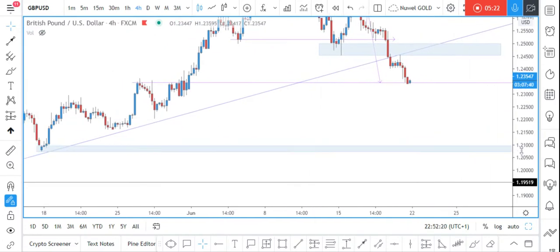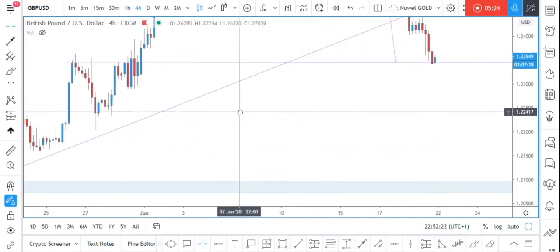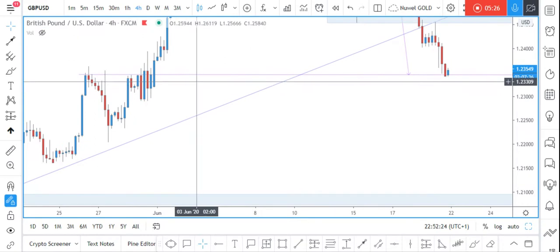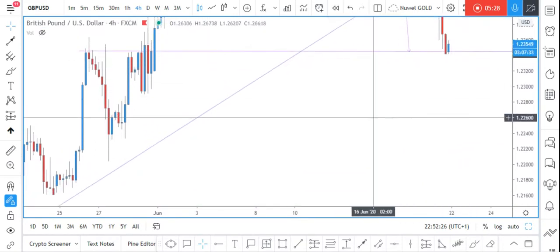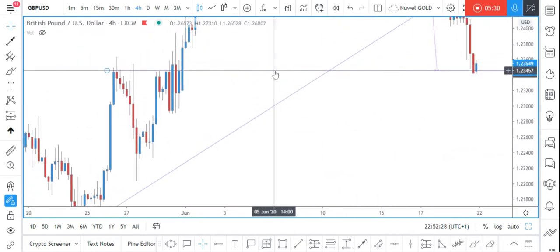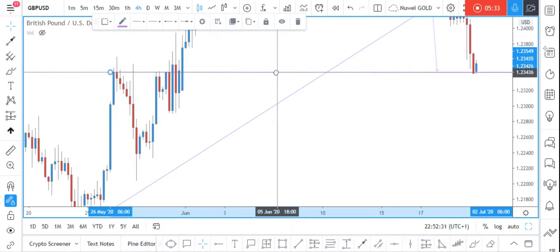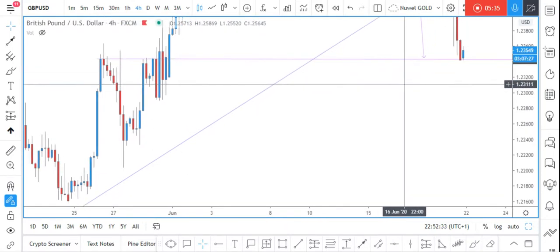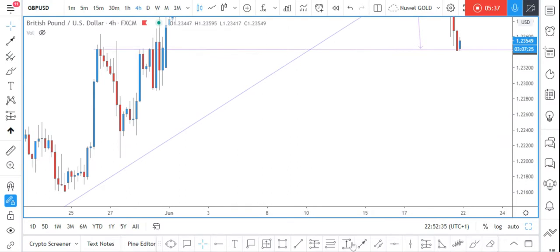So now on the 4 hour, we see this level right here where price is currently dangling. This is the 1.2350 level, price is just currently there.